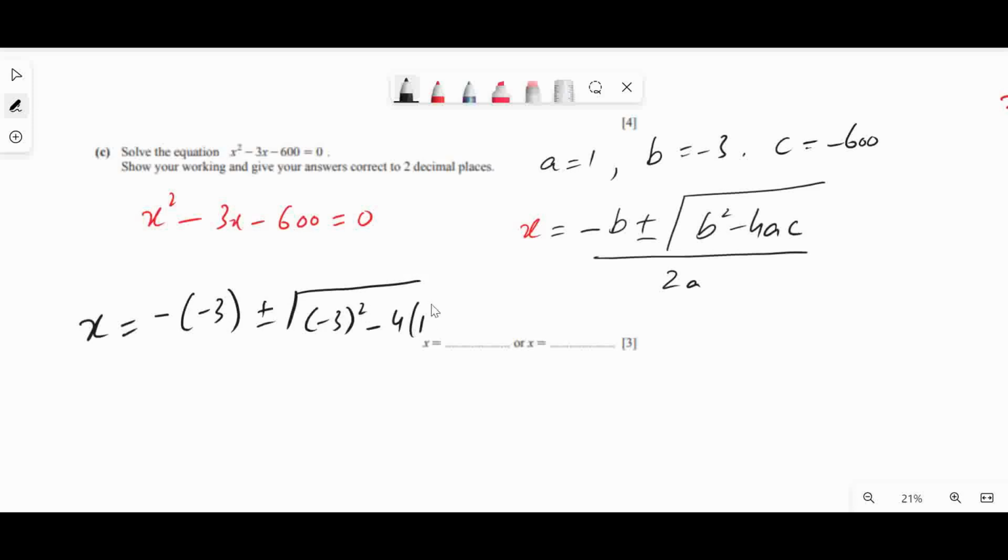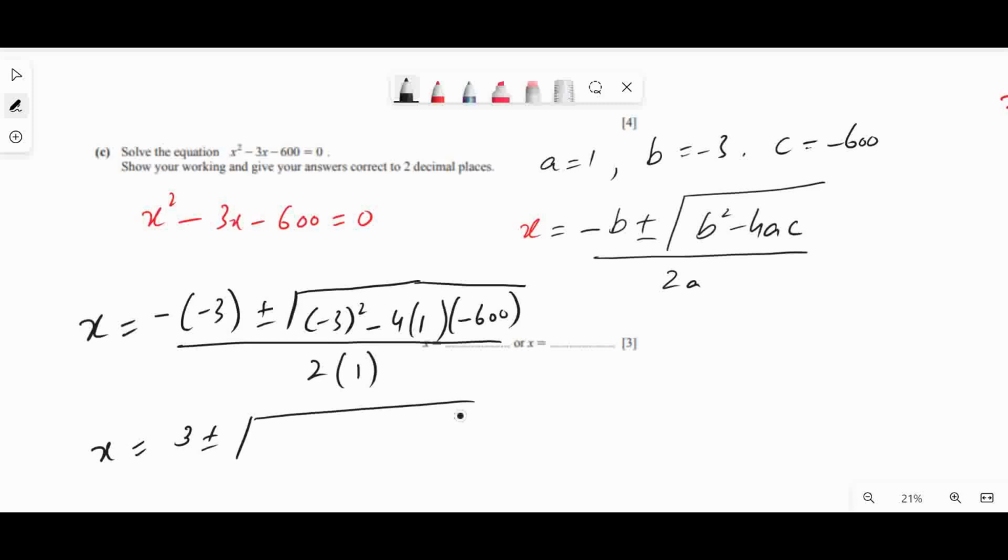Now a is 1, c is negative 600. Whole is divided by 2a. A is 1.